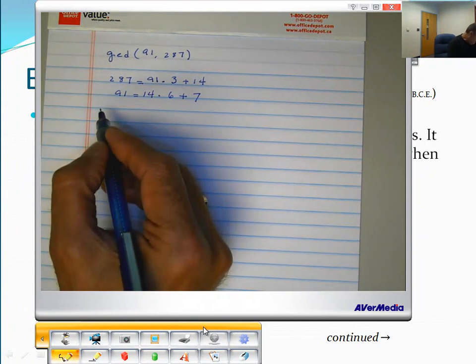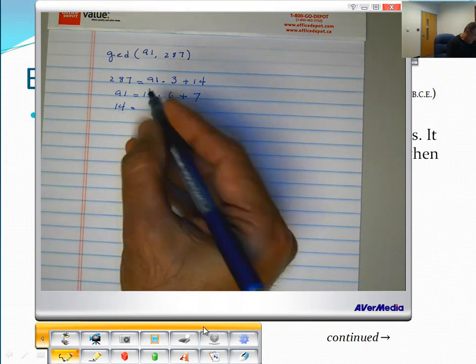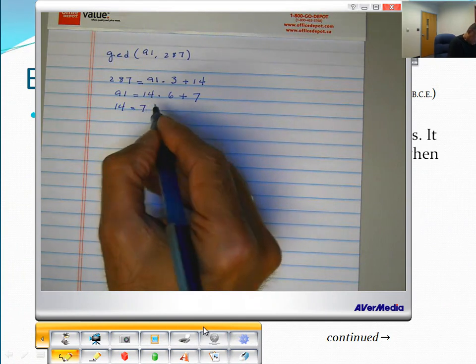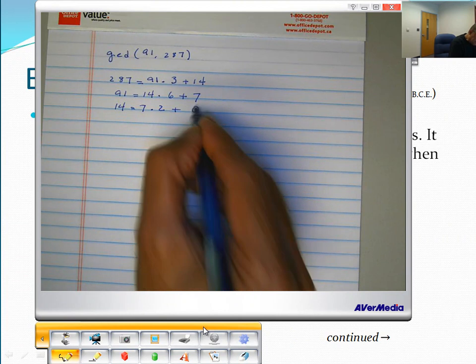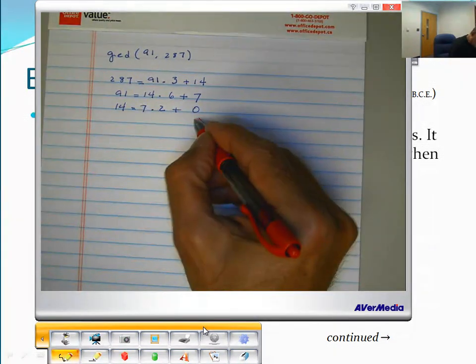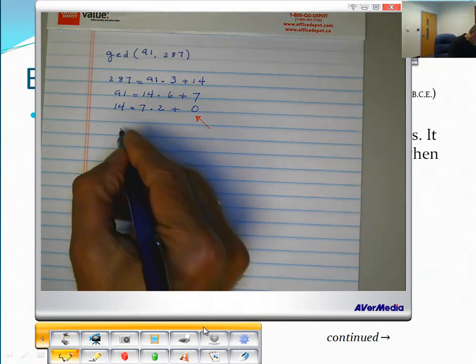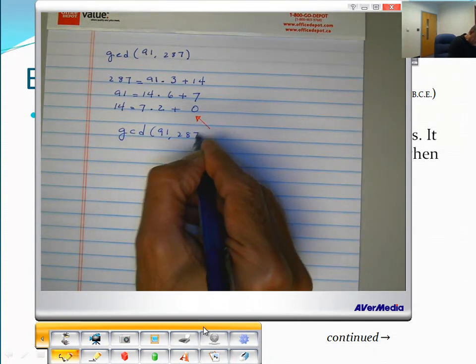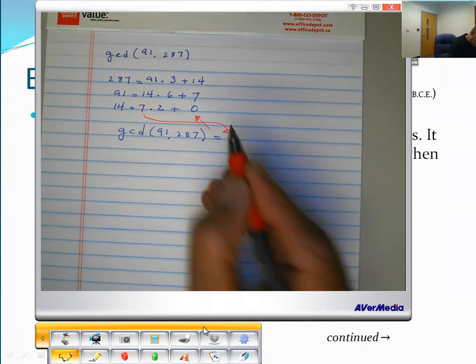And then you take 14 and divide it by the remainder, 7, and it becomes 2 plus 0. Once you get 0, you stop. And then you say, the greatest common divisor of 91 and 287 is equal to 7.